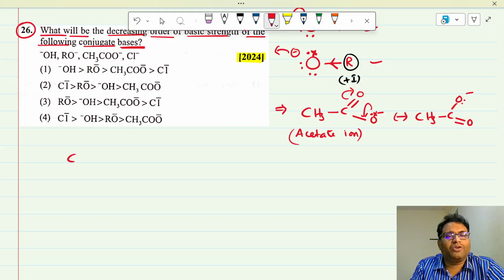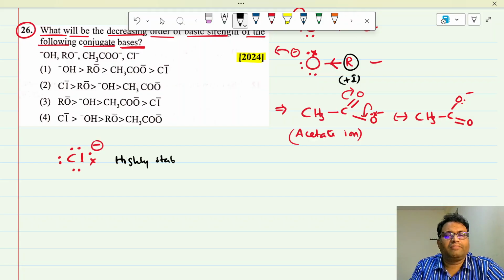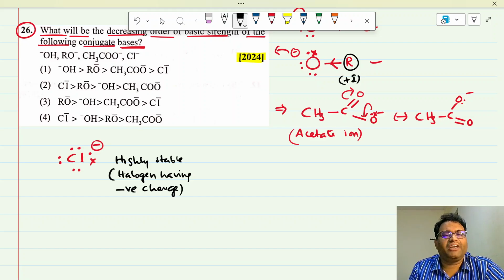And the next molecule is chlorine. This is a halogen. Halogen has more electronegativity. This electronegativity dominates over resonance. So this is highly stable, because when a halogen has a negative charge, it gets octet configuration and it is highly stable.